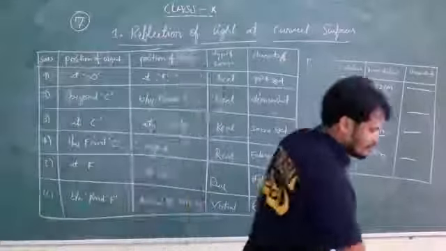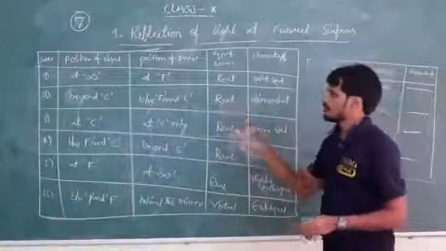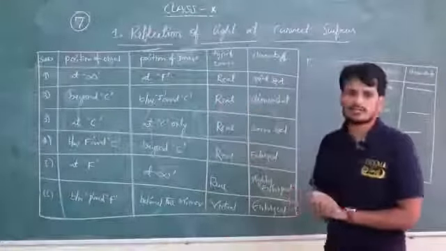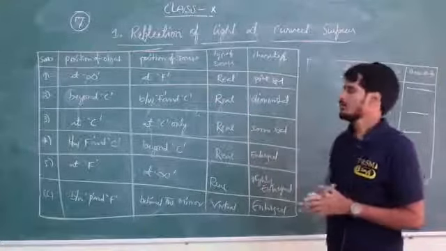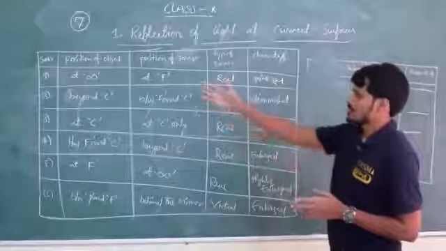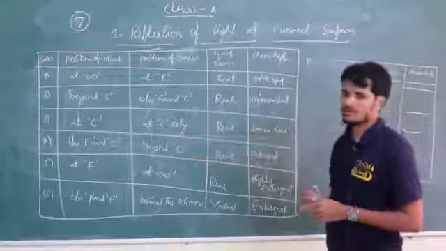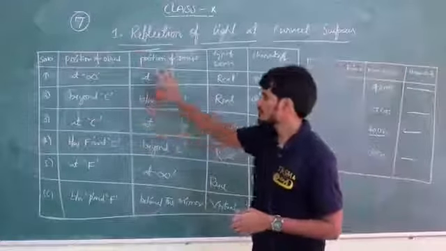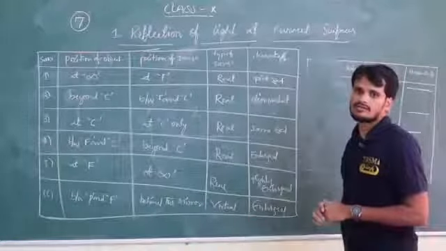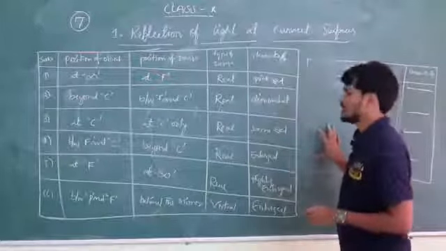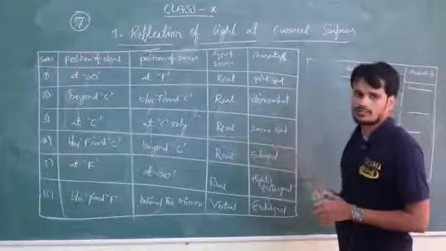So these are the 6 positions we got by using the experiment for finding the image positions on a concave mirror. The 6 positions are: at infinity, beyond C, at C, between F and C, at F, and between P and F. With respect to these objects, we got these types of images. So this is our experiment.